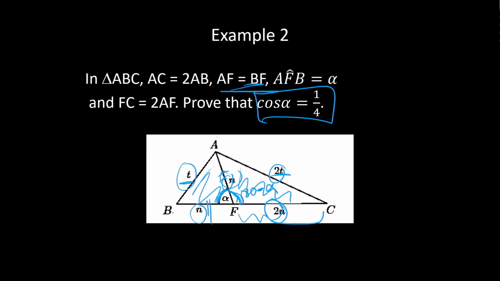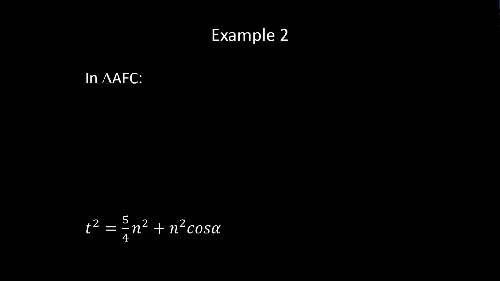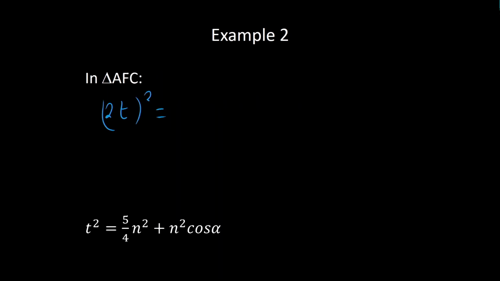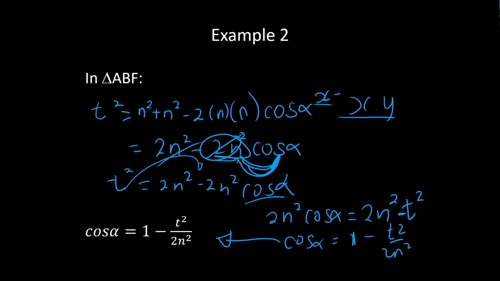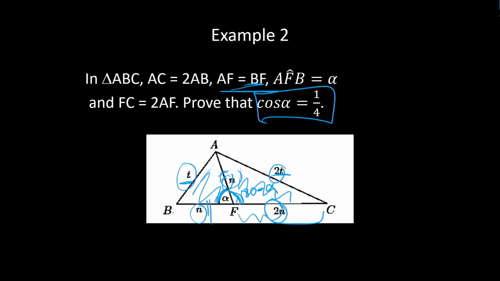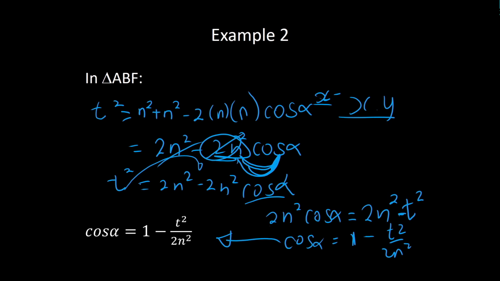So I'm going to set up my cos rule again, saying that in triangle AFC, (2t) squared, remember to use your brackets so that you remember to square the 2, is going to be equal to n squared plus (2n) squared, and we've got cos of 180 minus alpha.